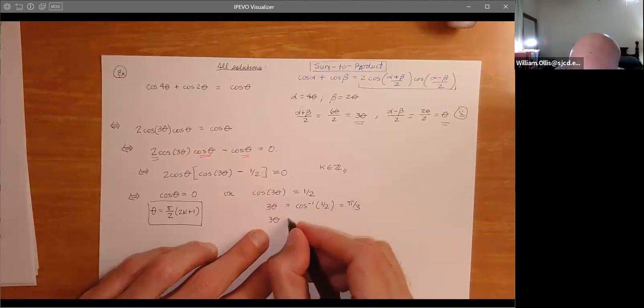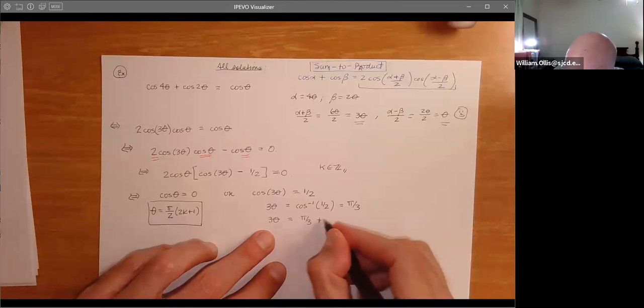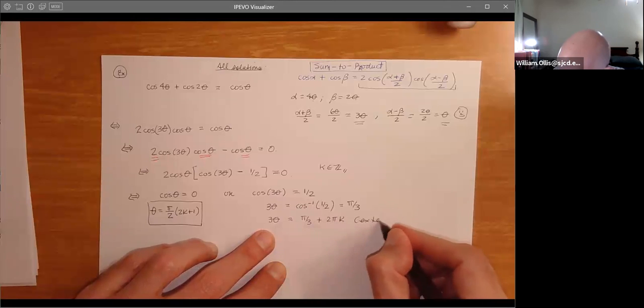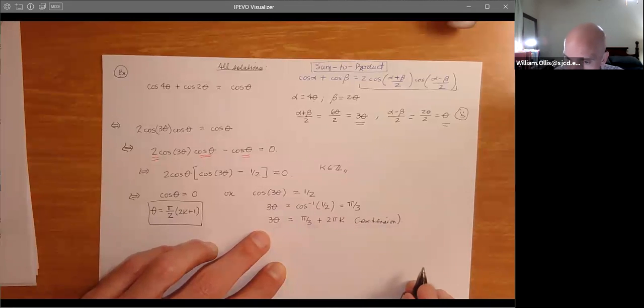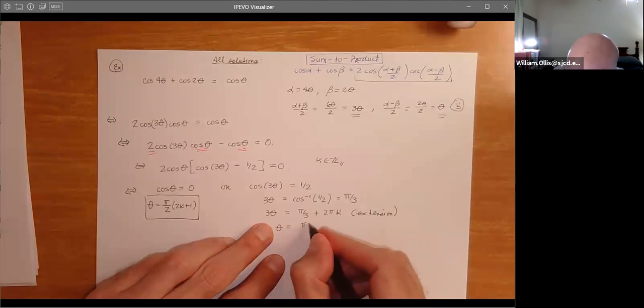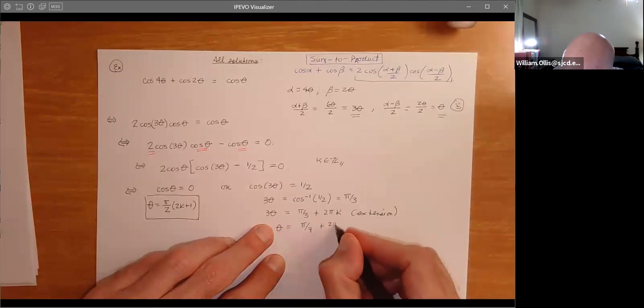This will be the first step of Professor Ron's lemma, pi over 3 plus 2 pi k. Do the extension, and then divide by 3. So theta equals pi over 9 plus 2 pi over 3 k. Okay, that's the first part.